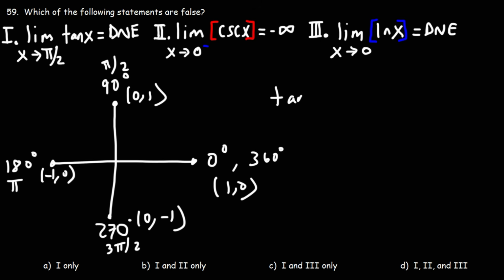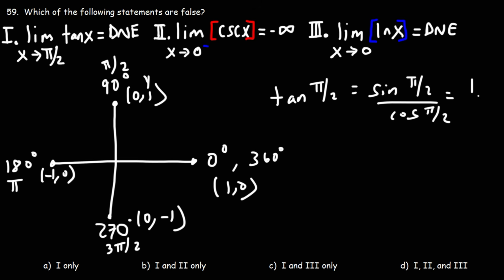Now tangent of pi over 2 is basically sine pi over 2 over cosine pi over 2. Sine pi over 2 or sine 90, that's going to give you the y coordinate, that's 1. Cosine 90 is 0, so it's undefined.